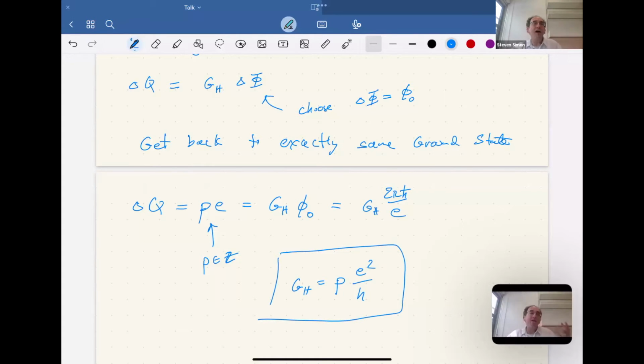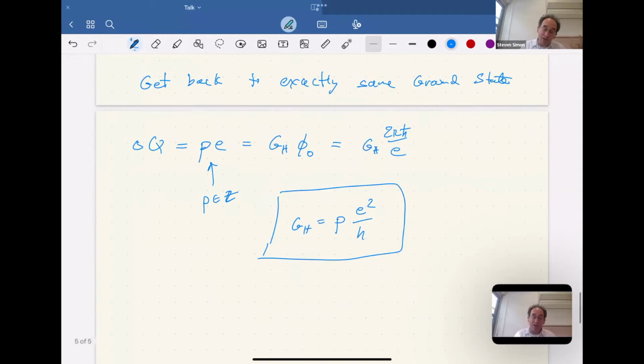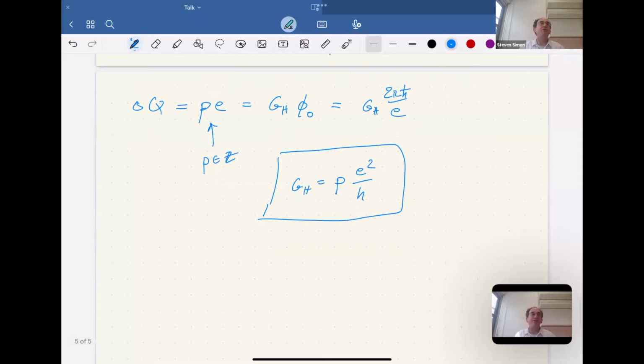And it doesn't really rely on anything about the microscopics of the sample and what the microscopic interactions are, if it had spin-orbit coupling, if there was gravity on the sample, if there were phonons. The only thing it requires is that you're in a unique ground state the whole way through, and when you insert the flux, you get back to the original state that you were in.